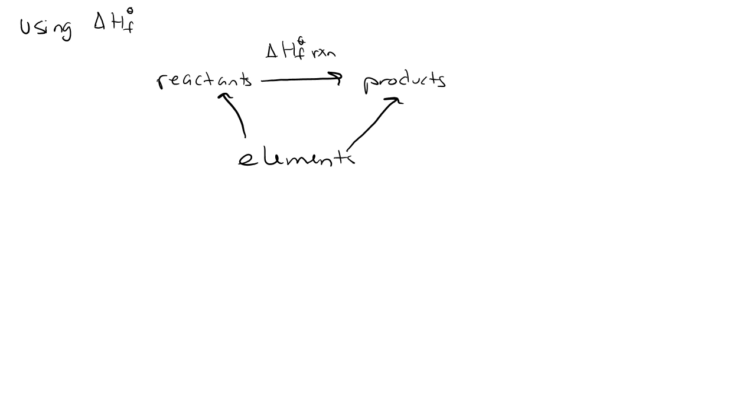What we need to figure out is the summation for the delta H of formation for your products and the summation for the delta H of formation of your reactants. So when we put these together, if you remember to follow the arrows, you can put it together.